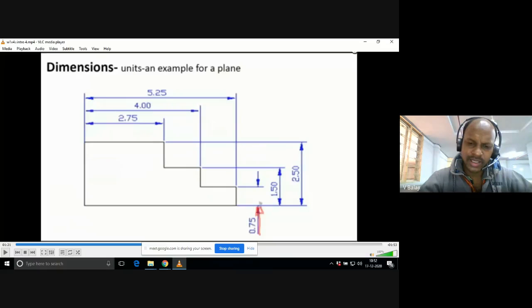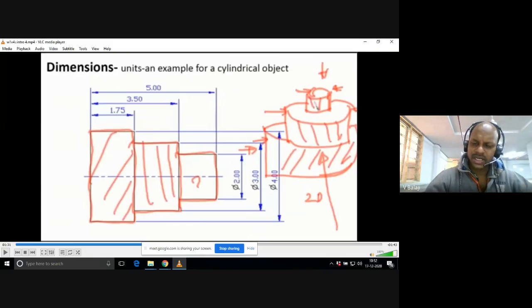Okay, so these are some dimensioning rules. For example, in this particular object, you are finding some cylindrical portion, right? So cylinders are having some diameter, right? So in order to show diameter, you need to use the symbol phi. We call it as phi. There are steps, right?